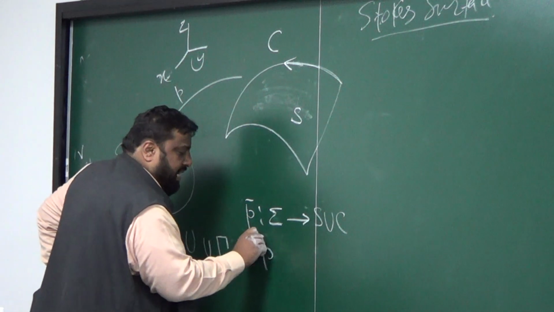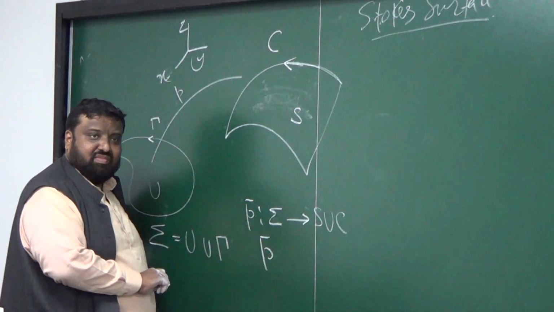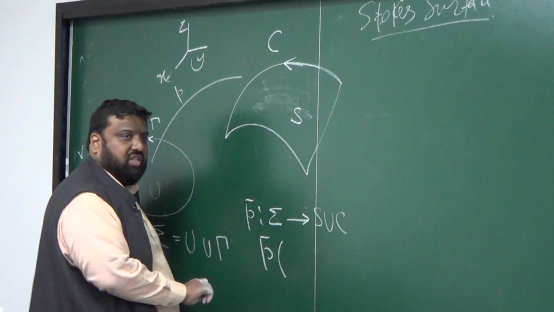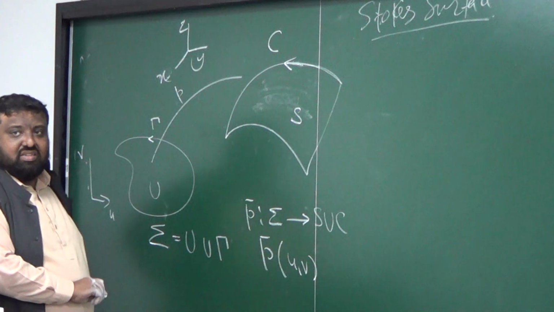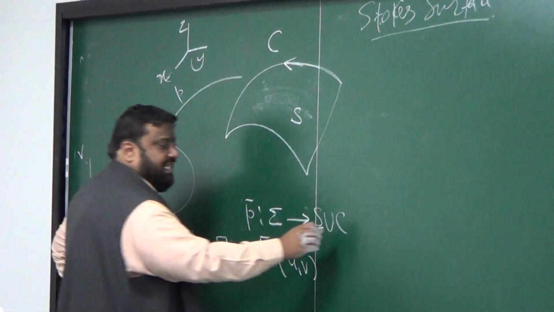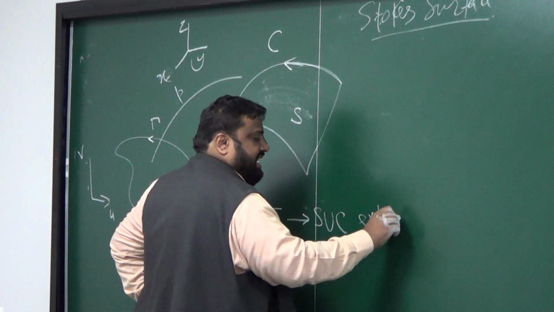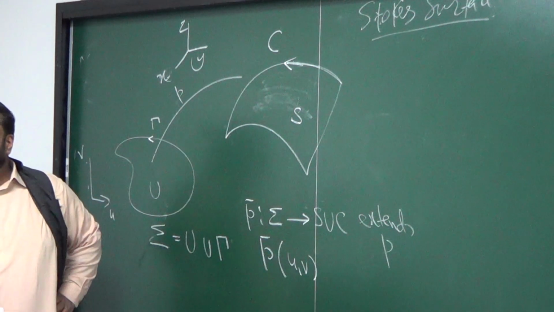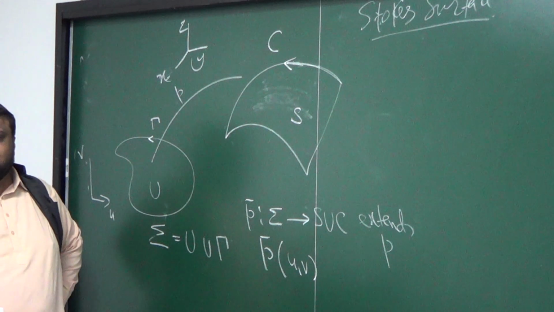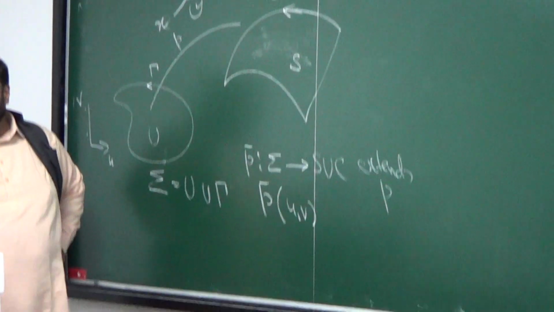Now if P bar operates on a point UV, I'm calling that this extends P. So what do you mean by extension? Do you know the restriction and the extension of a function? I hope you know. Yes, sir.